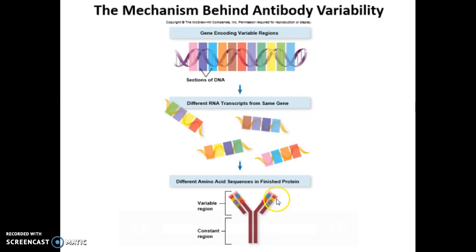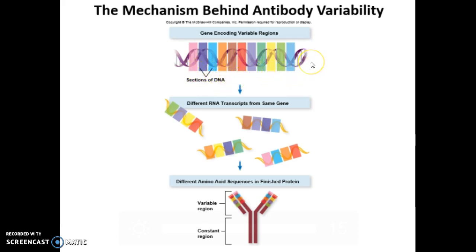Then how do you get this variable region being specific for antigen 1 or antigen 1 billion? Well, that's going to happen at the DNA level. You've got your DNA here, and you've got all of these different colors, kind of like piano keys from your kid's xylophone. Each color represents a section of DNA.